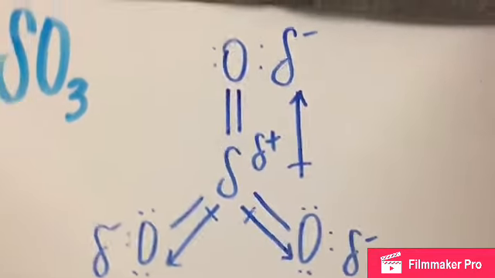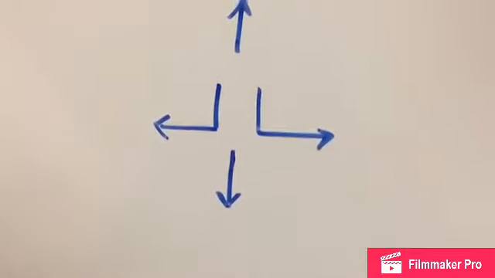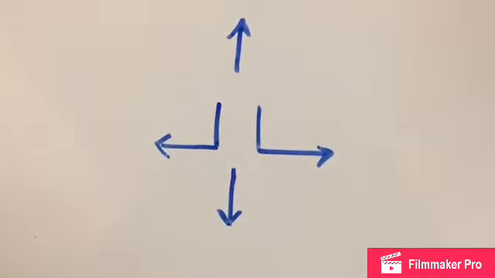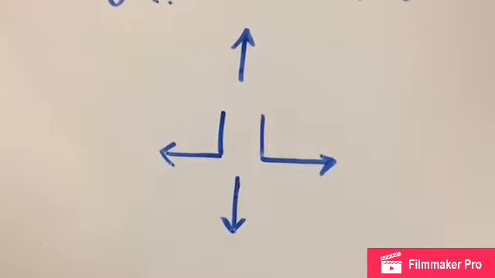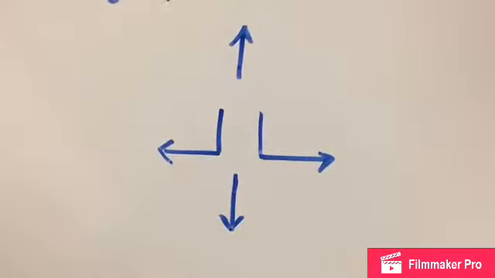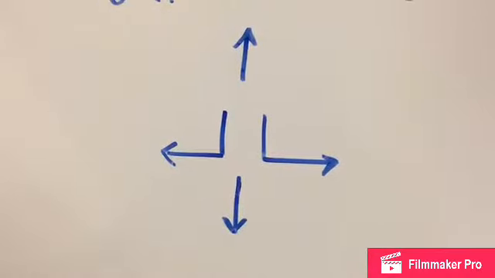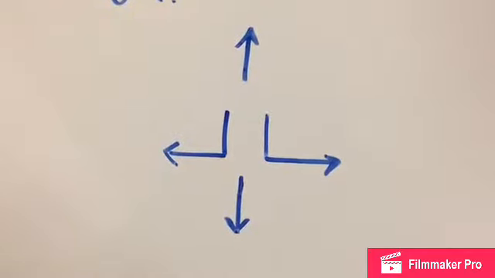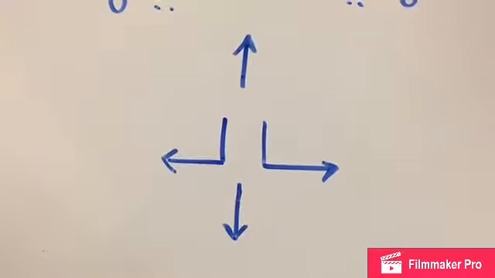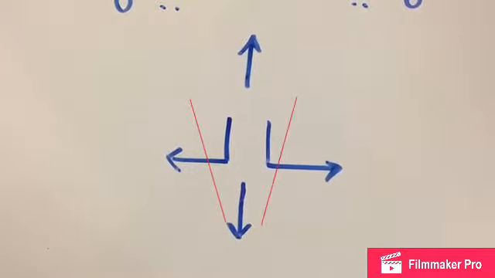We can also take a look at the vectors that the bond dipoles will make. We see that the two O atoms at the bottom are being pulled down into opposite directions. So those dipoles that are going in opposite directions will cancel.